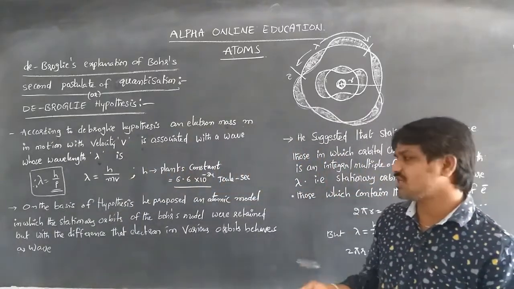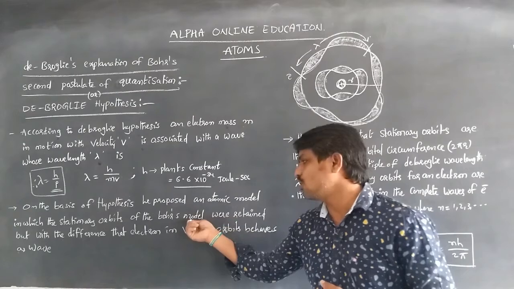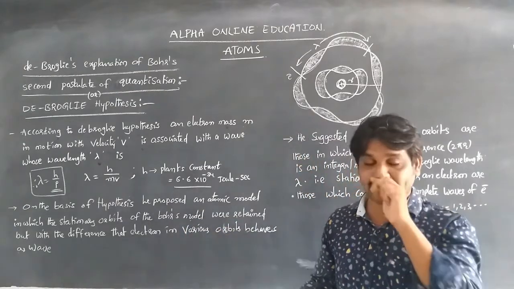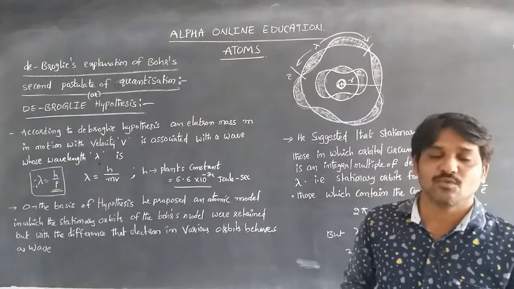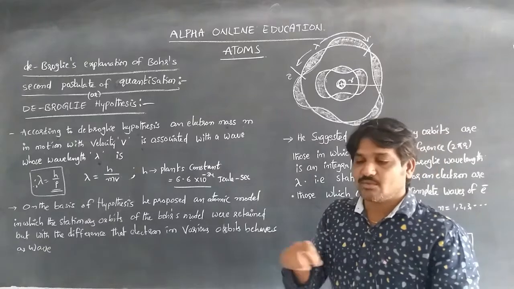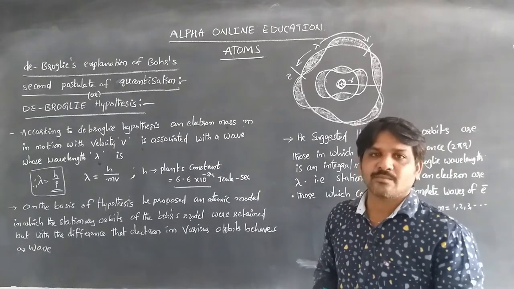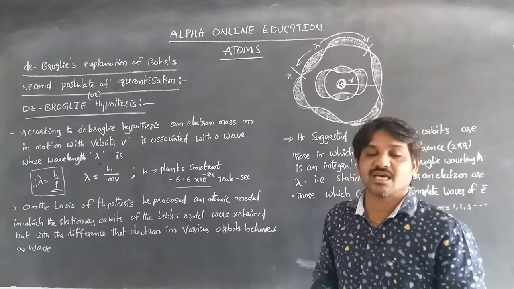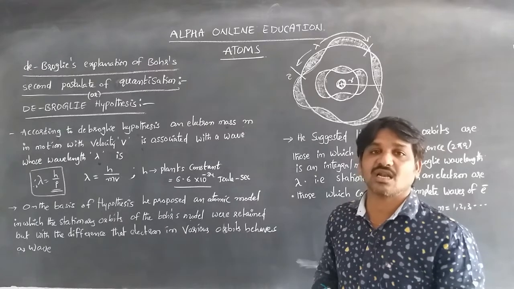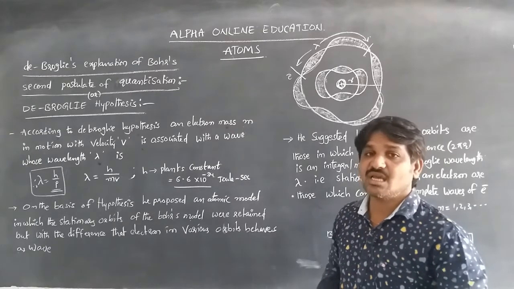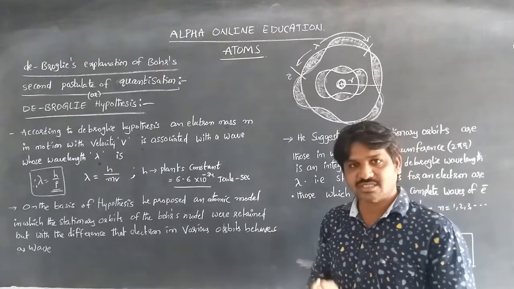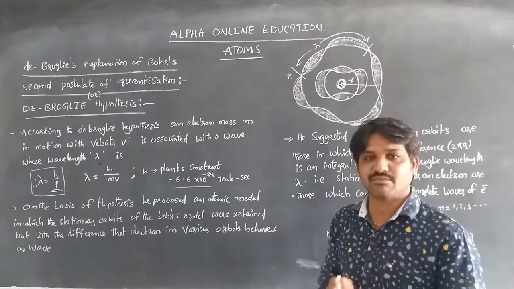In the Bohr's model, whenever the electron is moving around the nucleus in stationary orbits, the stationary orbits are non-radiating paths, meaning whenever it is moving in a constant orbit, no energy is radiated.